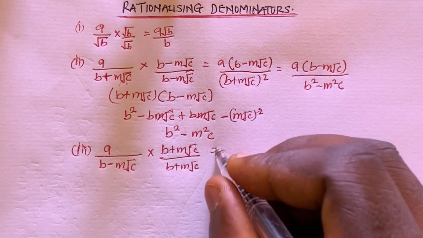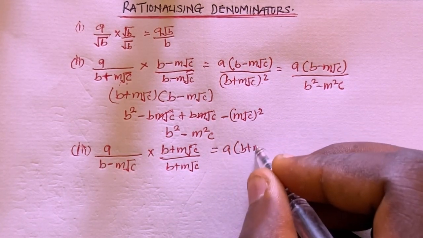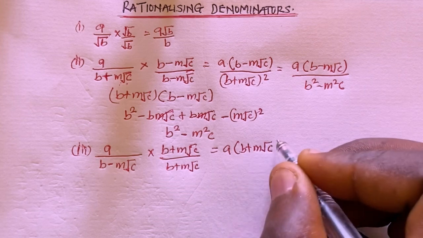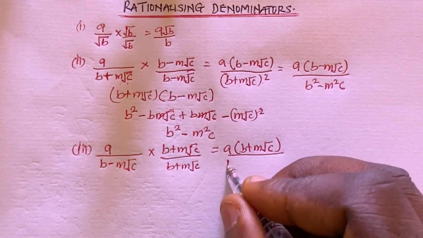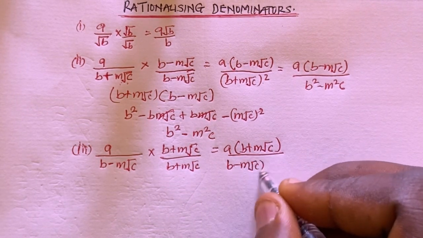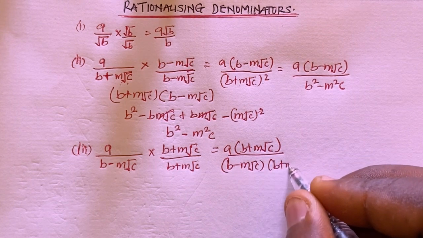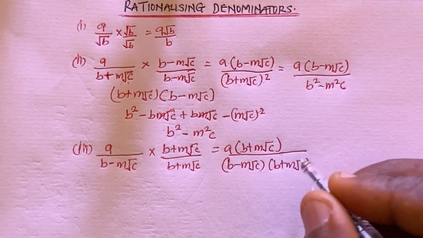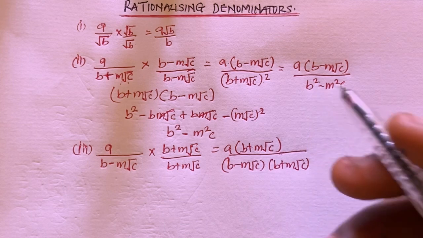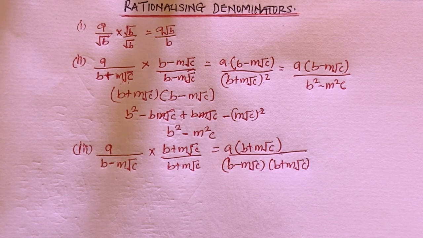Here we're going to have a into brackets b plus m root c, divided by b minus m root c times b plus m root c. It's somewhat similar to the previous expression, but the final answer will be different.